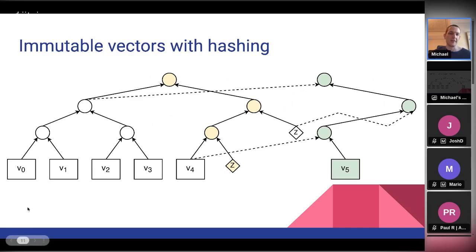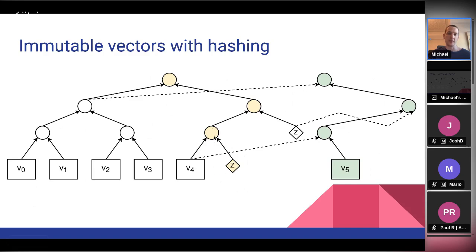We have a list v0 to v4, and we're pushing a new element v5. The result of that push is that we create v5 as a leaf node, and then we make a new parent node for v5, which has v4 and v5 as children, which means that we are no longer referring to the previous parent node or this zero node that's in the old tree.